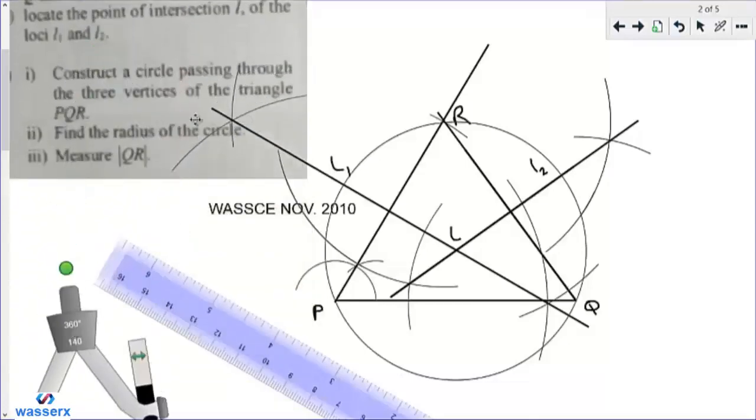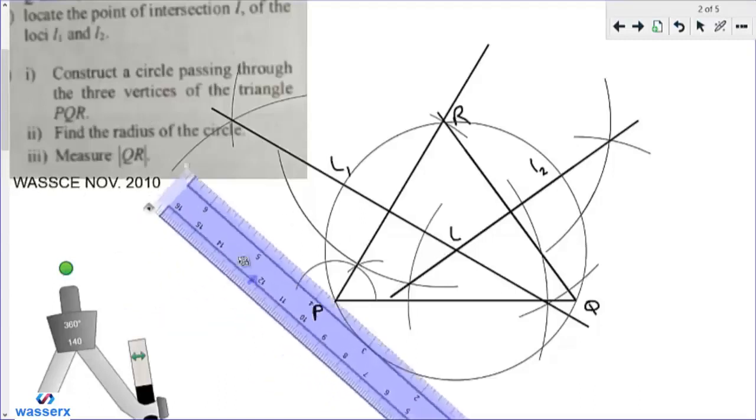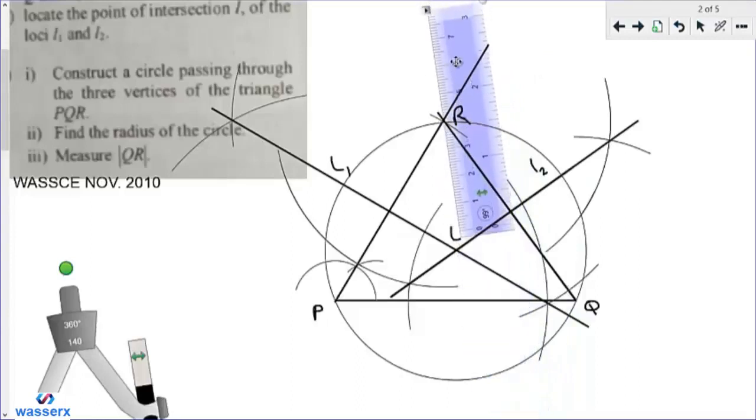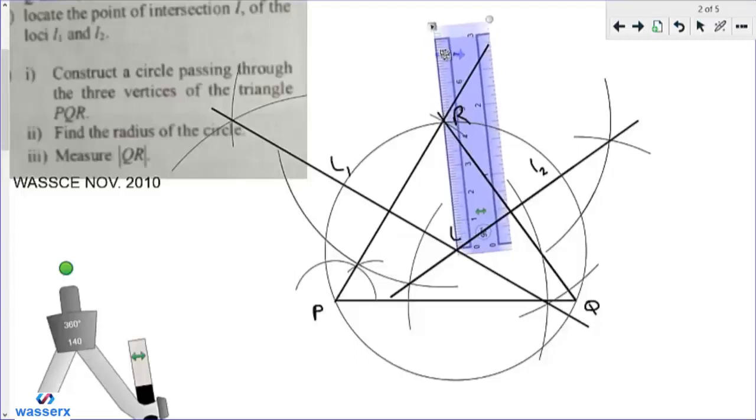Now we have to measure the radius of the circle. So you measure with your rule to know the radius of the circle, and the radius is equal to 4.6 centimeters.